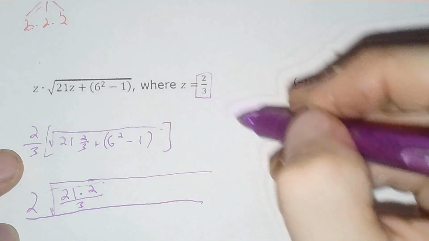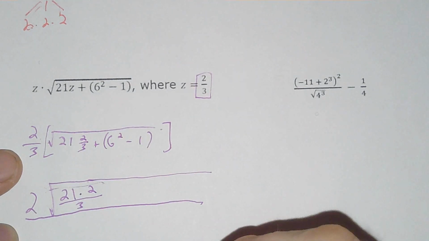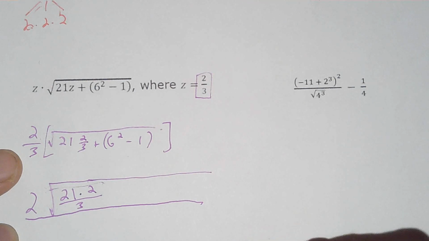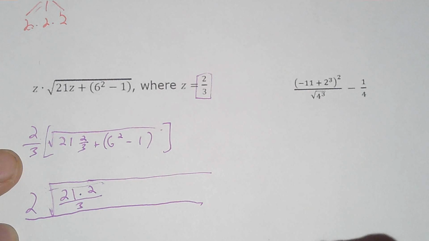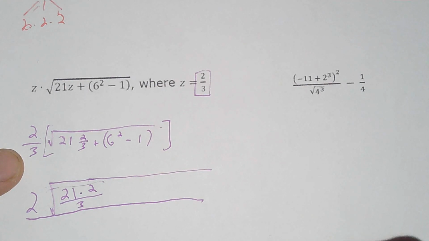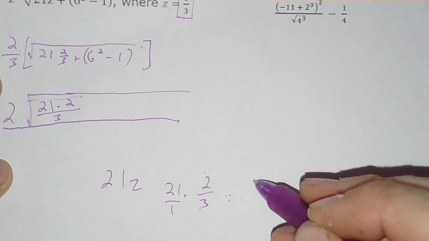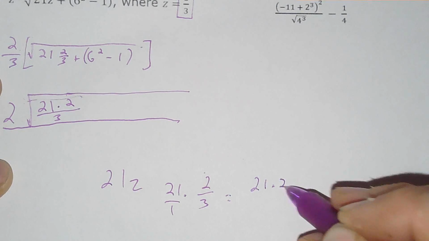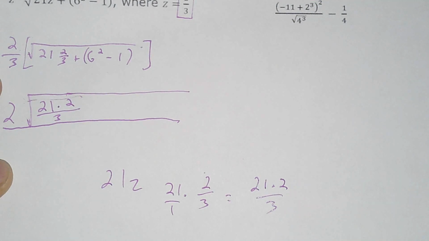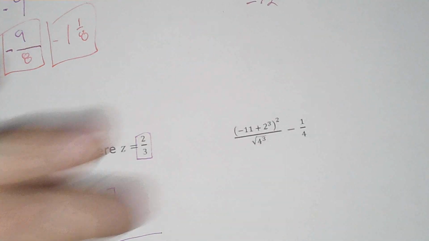This 21z, where z is 2/3, is written as 21 times 2/3, and 21 is 21 over 1. So this is going to be equal to 21 times 2 over 3.